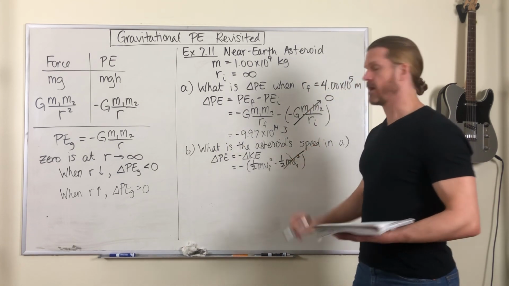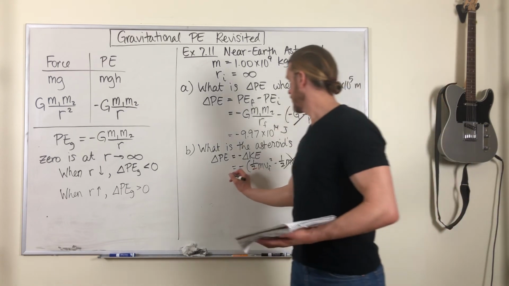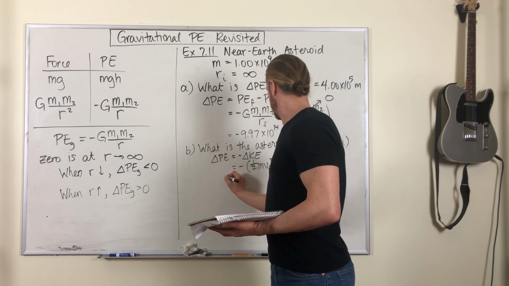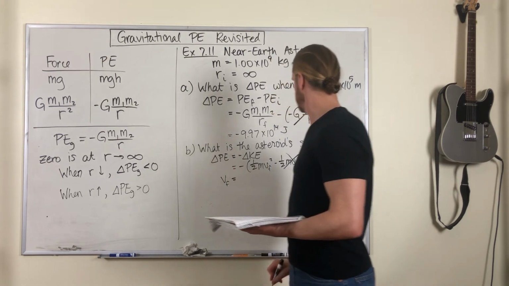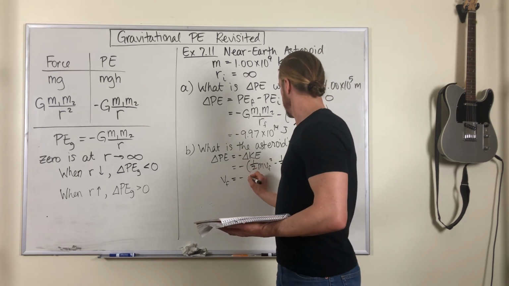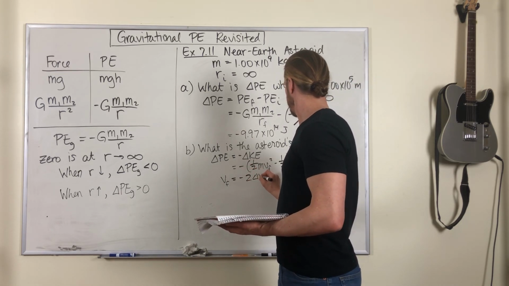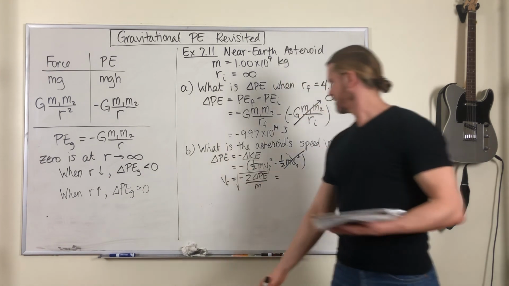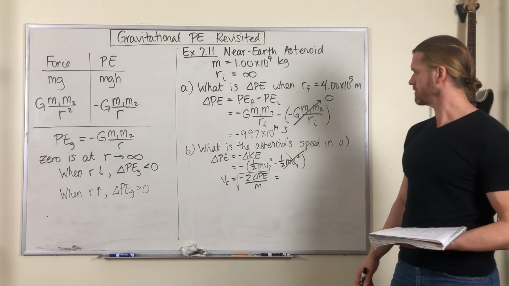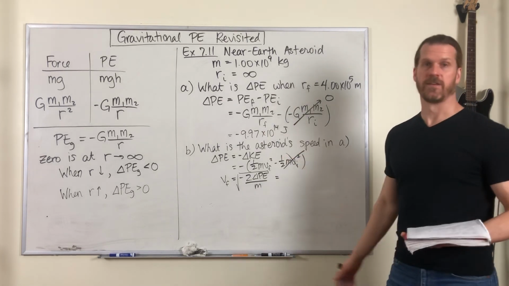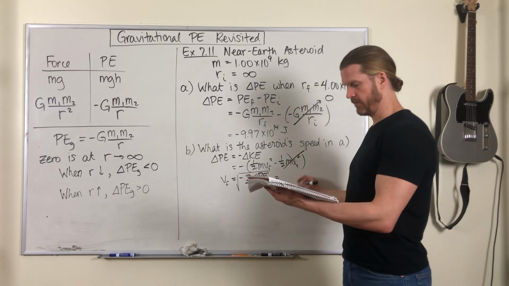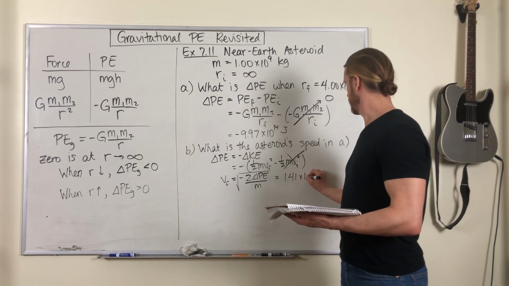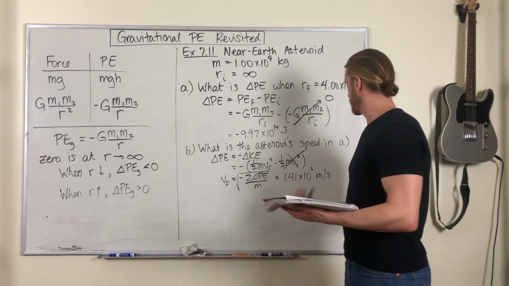We'll assume the thing started out stationary. And so we get this relationship that V final is the square root of negative 2 delta PE over M. And we can plug in that value, and you find that the speed is 1.41 times 10 to the third meters per second.